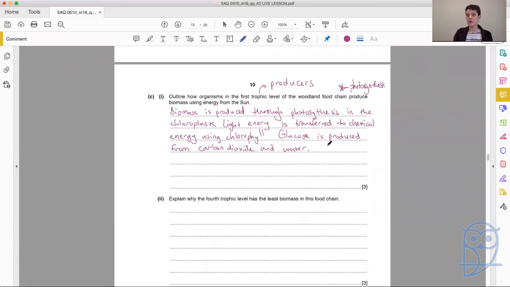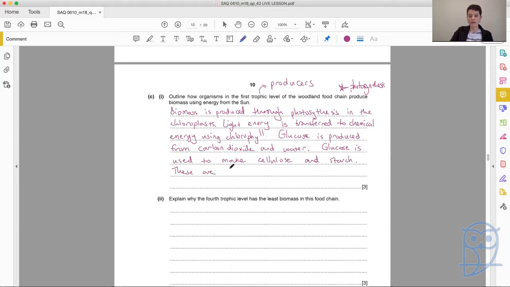So glucose alone isn't biomass. How is glucose turned into biomass in particular? Because they're asking us about biomass. So glucose is used to make cellulose. It's used to make starch. It's used for growth of a plant. So glucose is used to make cellulose and starch.